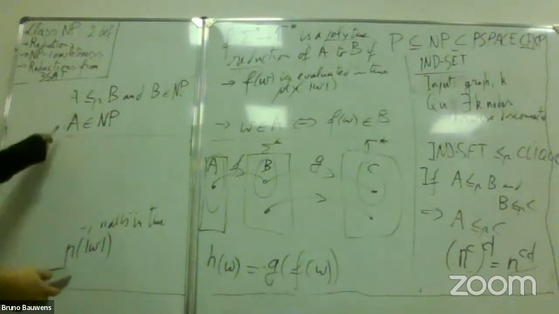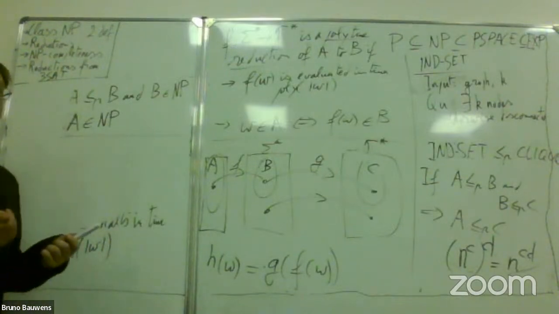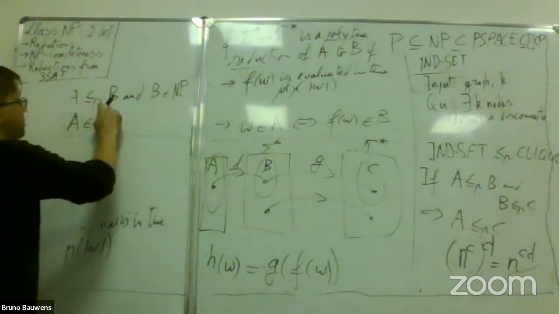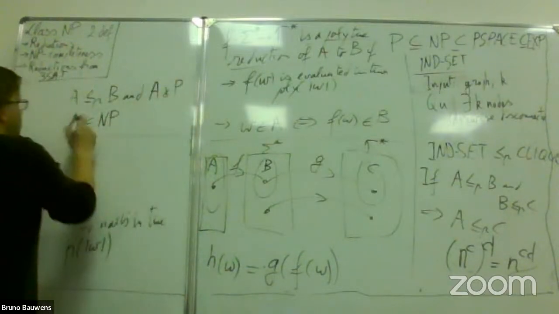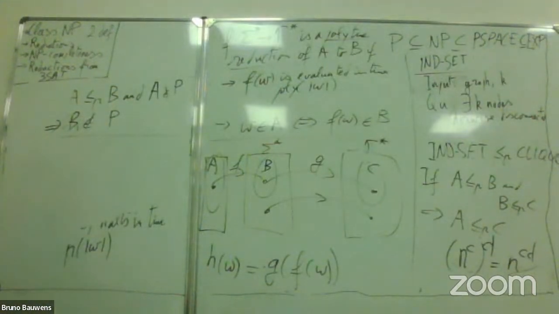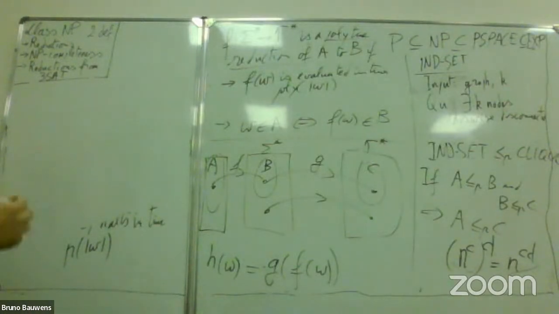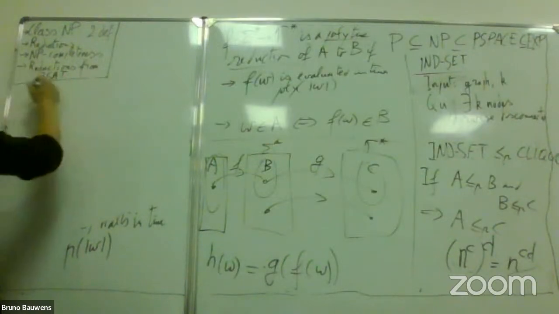Oh, by the way, you can also use reductions to prove the contrapositive, that a certain function is, for example, not in P. If A reduces to B and A is not in P, then we conclude that B is not in P. So let us go back to binary integer programming.